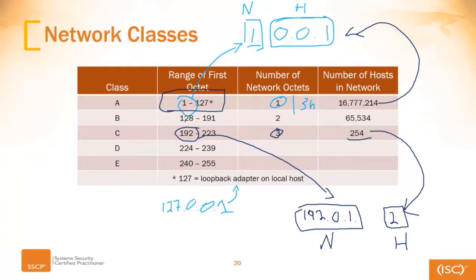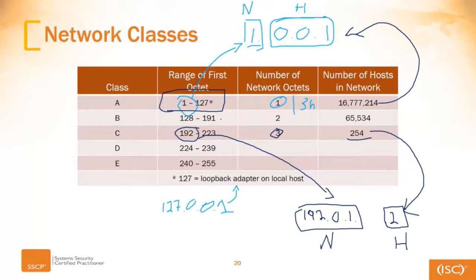When we go up, in Class B, we have 2 octets for the network: 128.0, 128.1, 128.2, from 128.0 all the way to 128.255. And then we go to 129, and we do 129.0 all the way to 129.255. So when we add up all those networks from 128.0 to 191.255, we get a lot more networks than 126.